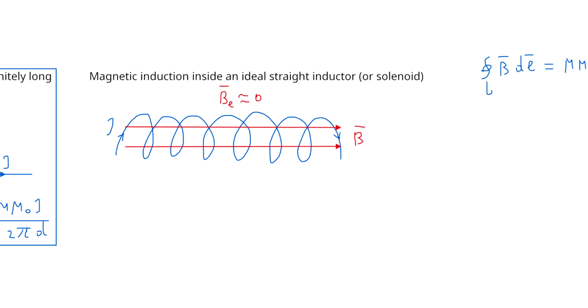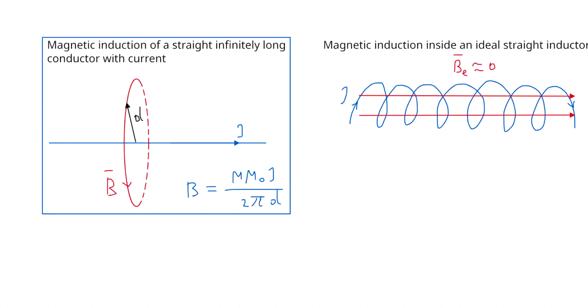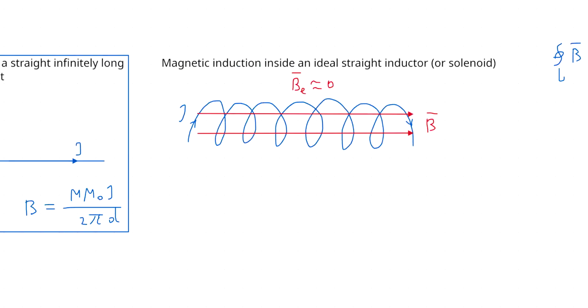Because before we have spoken that there are two types of exercises. The first type was before, and now it is the second type of exercises that can be solved with Ampere's circuital law.